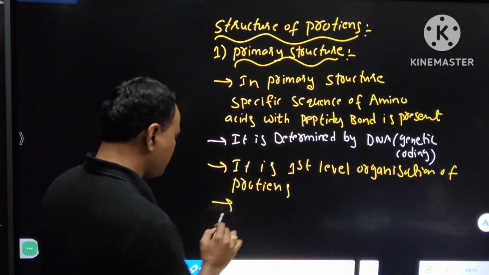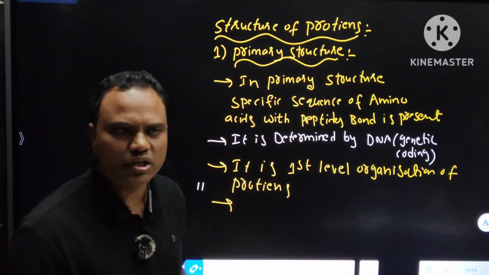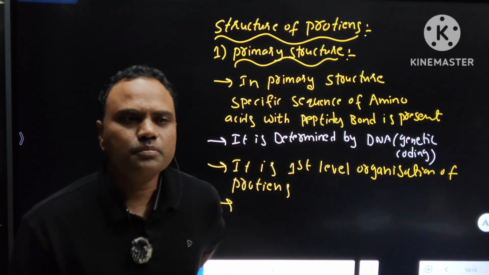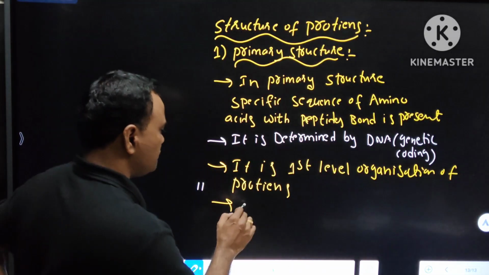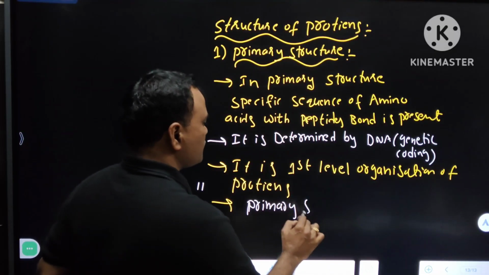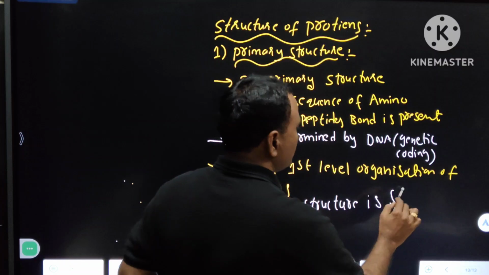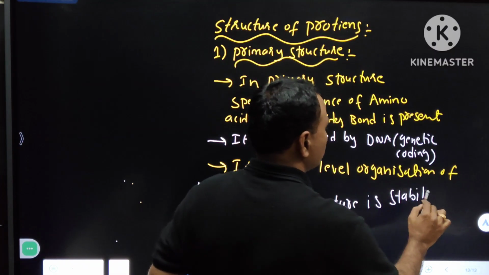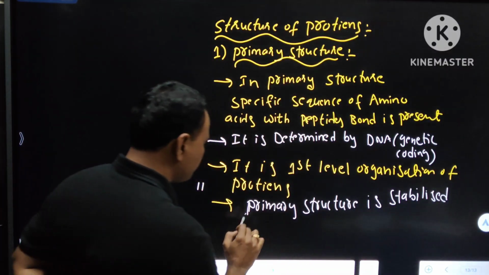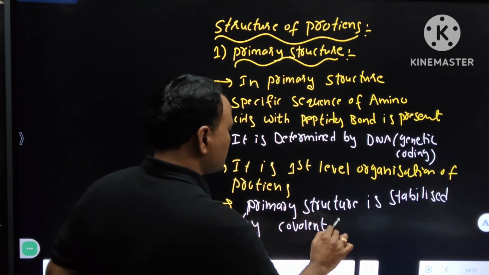One very important point: primary structure is stabilized by covalent peptide bonds.